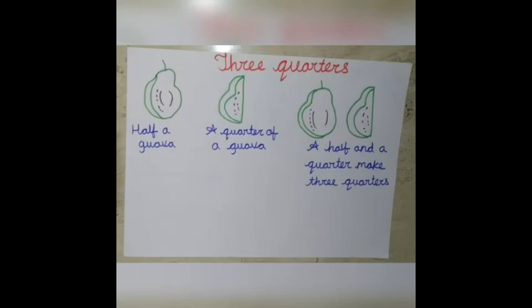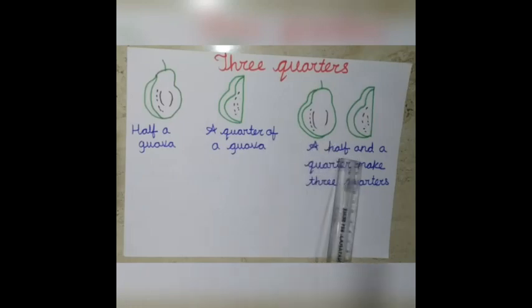So students, our next concept is 3 quarters. Students, here you all can see the picture of a guava, half a guava. This picture, a quarter of a guava, half and quarter.